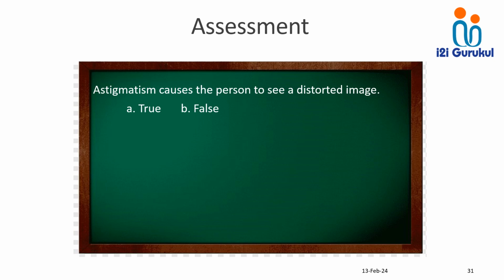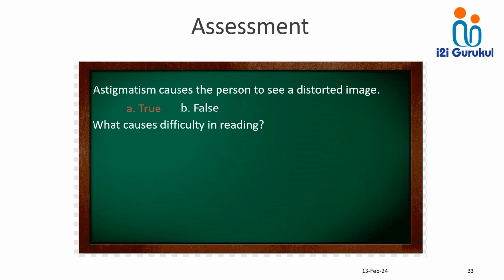The correct answer is true, because astigmatism has multiple focal points, so that's why the patient can see distorted images. This is a refractive condition. Okay, coming to the next question: what causes difficulty in reading?